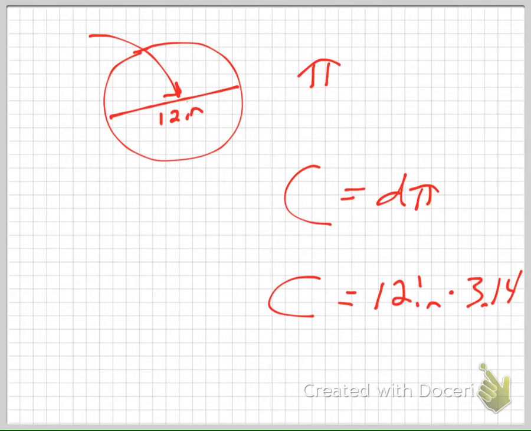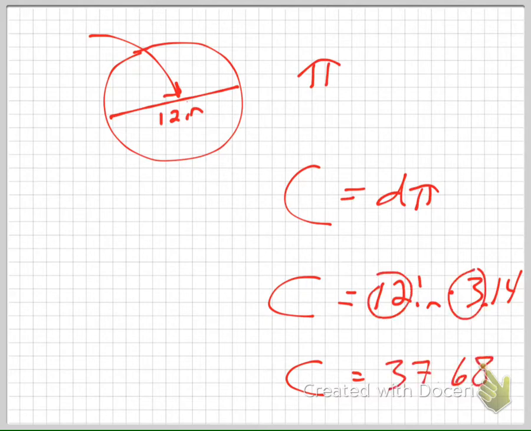So what is 12 times 3.14? Somebody type that in your calculator. It's 37.68. And you can look at this and go, 12 times 3 is 36, so 37.68 is roughly right. Okay, so 37.68.